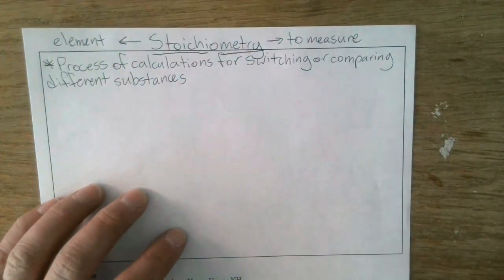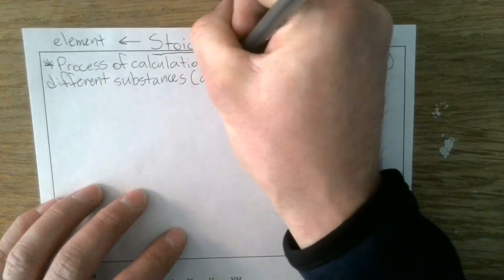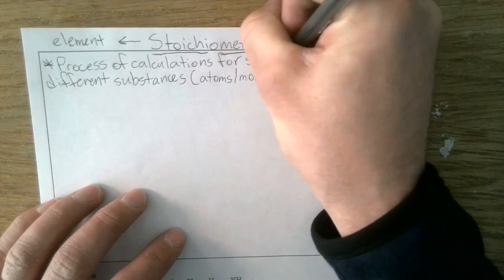Now, when we're talking about different substances, we're talking about atoms or molecules, I should say, in a chemical reaction.